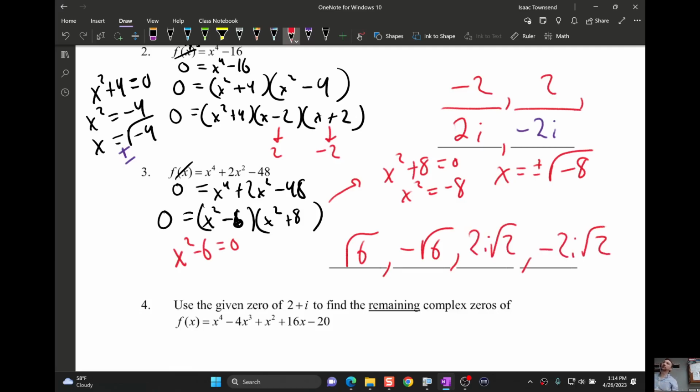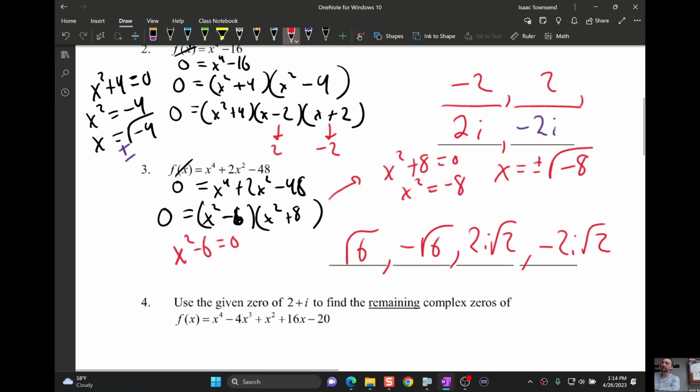So do the factor tree and all that kind of stuff if you need to. But 4th degree, so there should be 4 zeros. Doesn't mean all 4 of them will be real numbers like the first 2. Some of them could be imaginary numbers like these 2. But that should have 4 solutions. 4 zeros. Okay, okay with us?